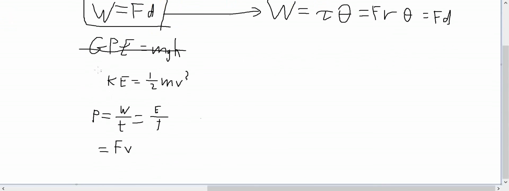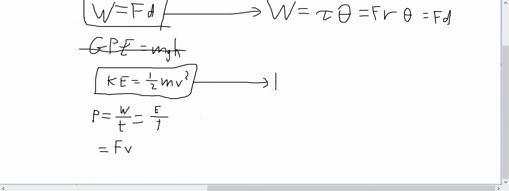Then what about KE? How does KE translate in rotational kinematics? The half remains as half, clearly. M becomes the moment of inertia and v becomes omega.